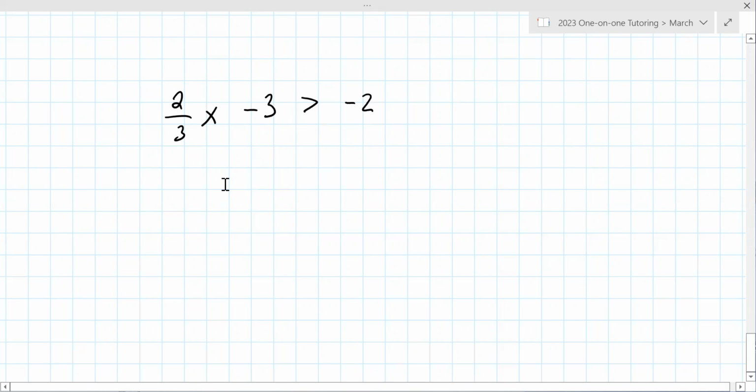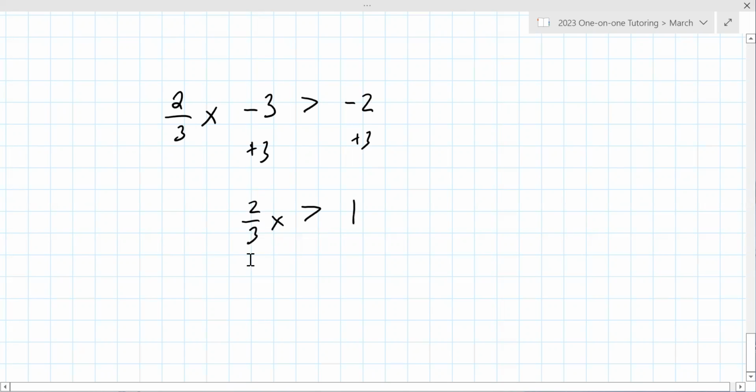Oh, well, first don't you need to start isolating? Yes, I agree. So -3, but +3. So you add 3 to both sides. What does the right-hand side become? +1. Very good.